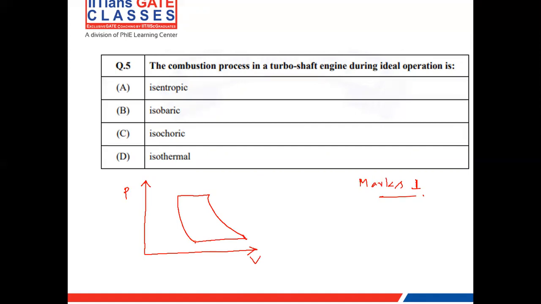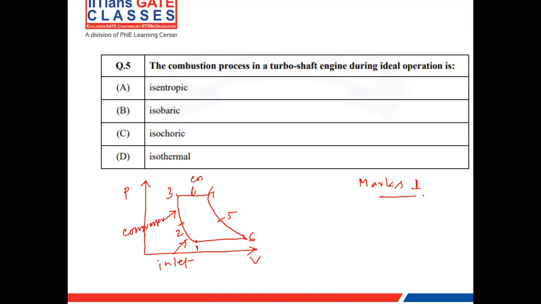So 1, 2 corresponds to the inlet of the engine, 2, 3 corresponds to the compressor.